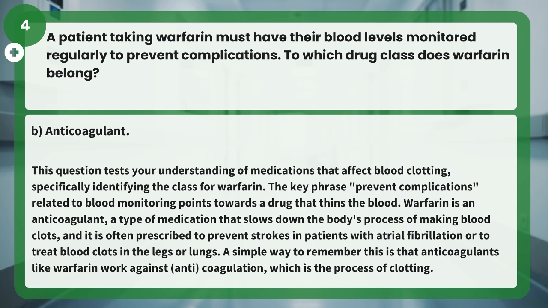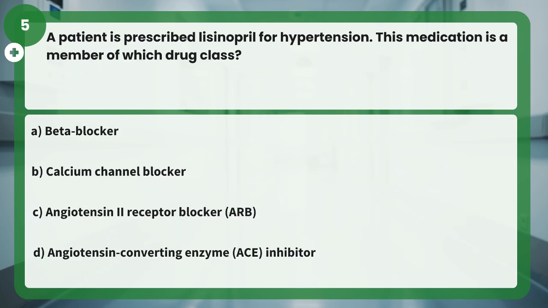Warfarin is an anticoagulant, a type of medication that slows down the body's process of making blood clots, and it is often prescribed to prevent strokes in patients with atrial fibrillation or to treat blood clots in the legs or lungs. A simple way to remember this is that anticoagulants like warfarin work against coagulation, which is the process of clotting.